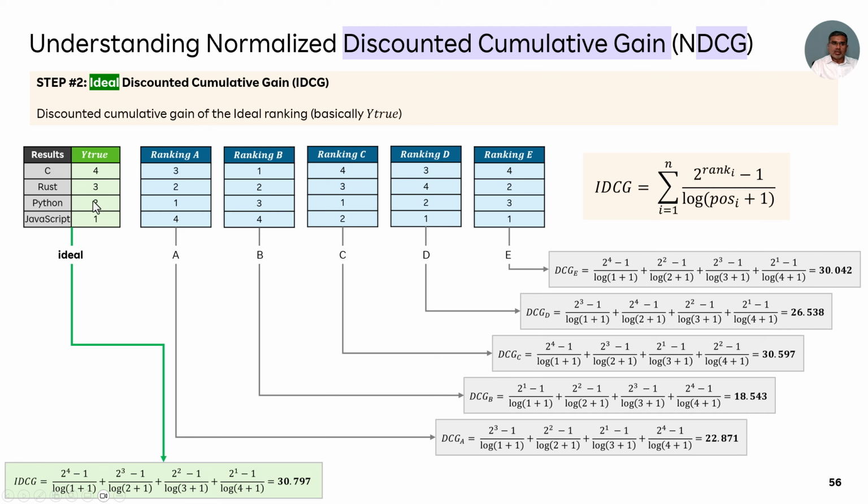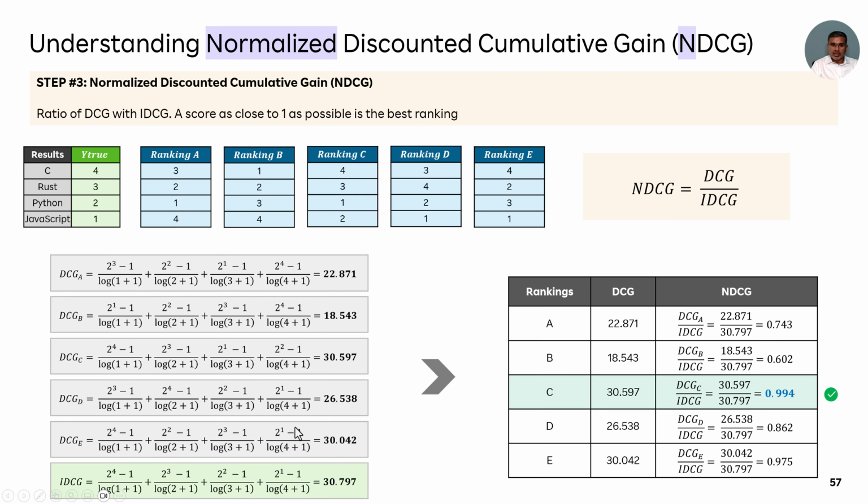Okay. Now you have the ideal DCG, which is for the ground truth value, and you have the DCG for the individual predictions. Now you take the normalized value of that. That's where normalized discounted cumulative gain comes in. The way you normalize is that you take your predicted DCGs and your ideal DCG.